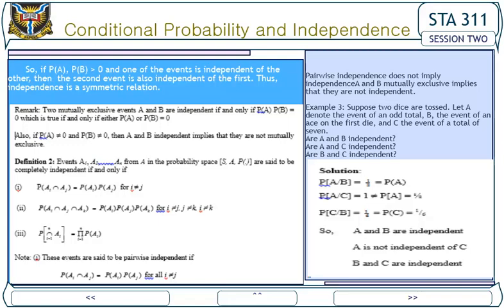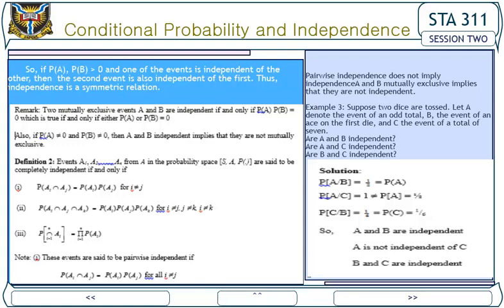Definition 2. Events A1, A2 to AN from A in the probability space S, A, P are said to be completely independent if and only if: 1. P of (AI intersection AJ) is equal to P of AI times P of AJ, for I not equal to J. 2.